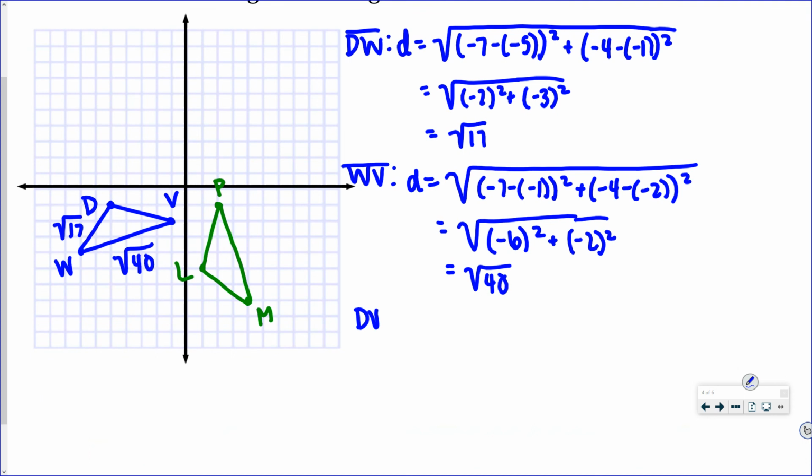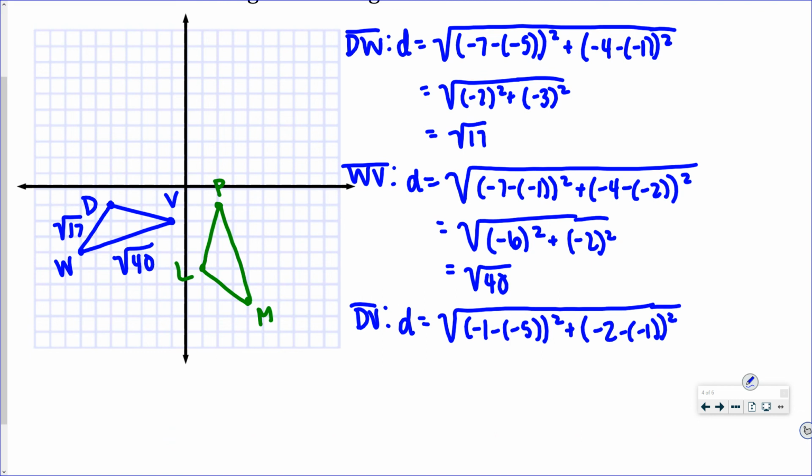DV. All right, so here I had -1 minus -5 squared plus -2 minus -1 squared. So you get 4 squared plus -1 squared. 16 plus 1 is 17.